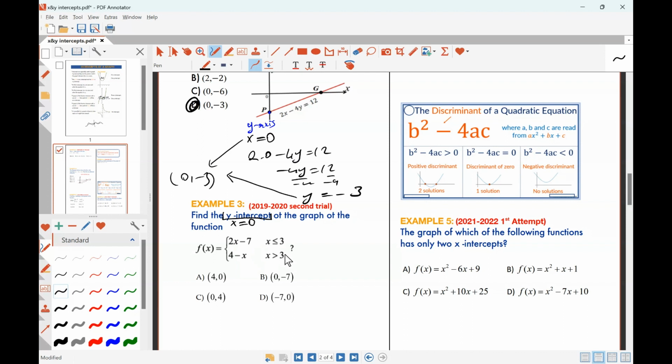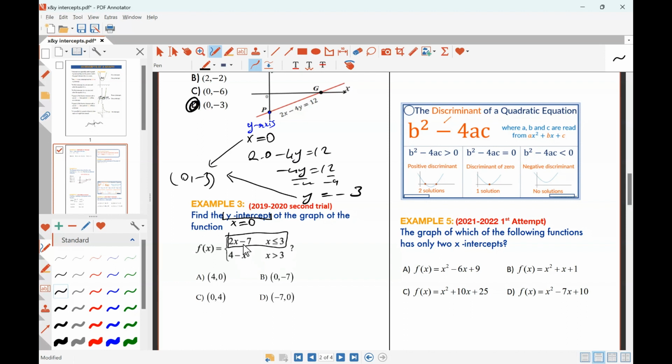Where do we have 0? Is 0 less than 3 or greater than 3? 0 is less than 3, so our number will fit in the first case.